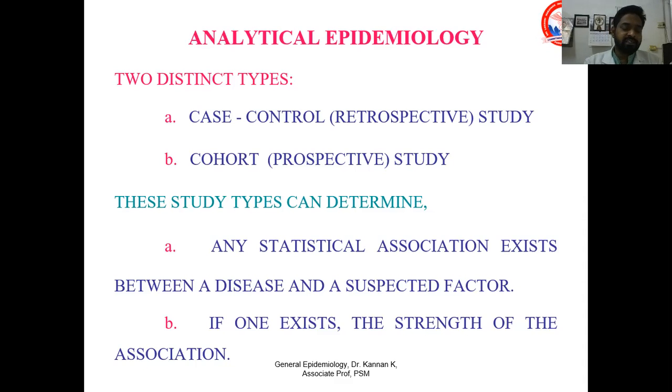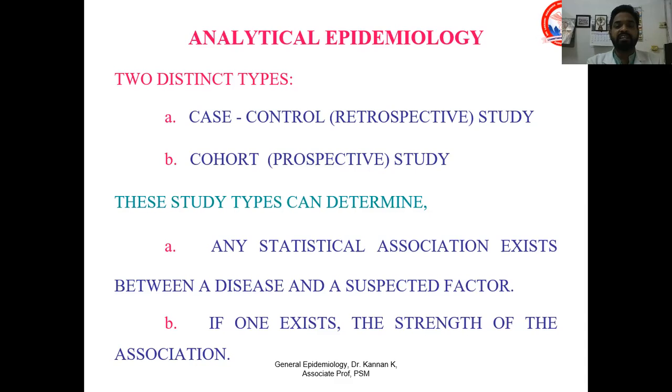One more study design is there, that is RCT, the experimental study, which we will see in the next class. So today we are going to see what analytical epidemiology is, what the types are, and how to conduct these analytical studies. Broadly, we have two study methods: case control, that is retrospective, and cohort, that is prospective. These two study designs are totally different, but both have a valid place in research methodology.